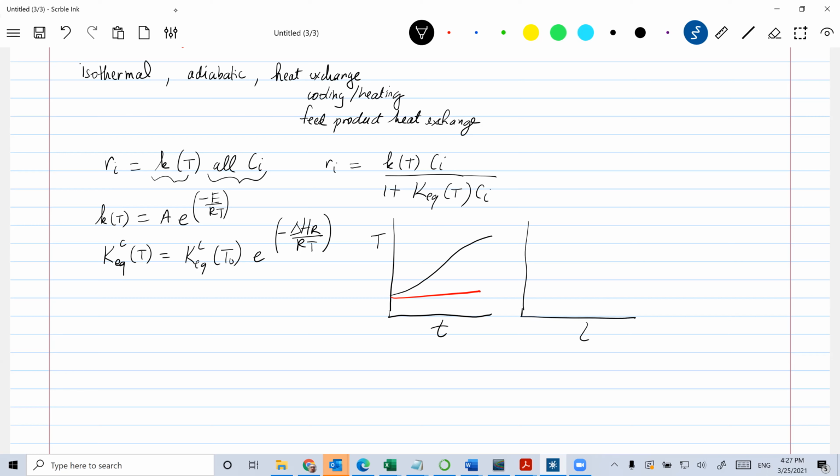If you look at time and you're looking at K, this is the rate constant, it's also going to look something like this. Isothermal is going to look like that. And if you finally look at conversion, now this is not to scale. Conversion is going to look something like this. Isothermal, oh no, I'll take that back. Conversion is going to look something like this.